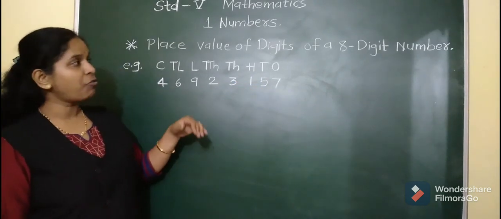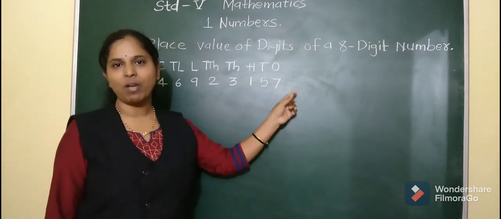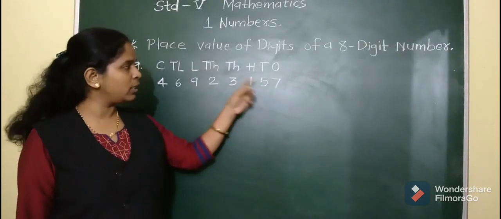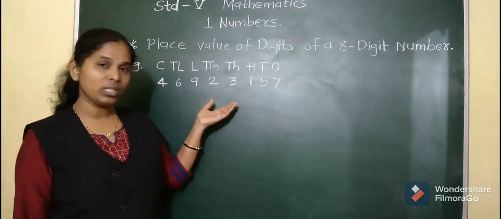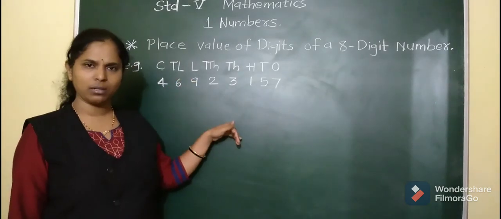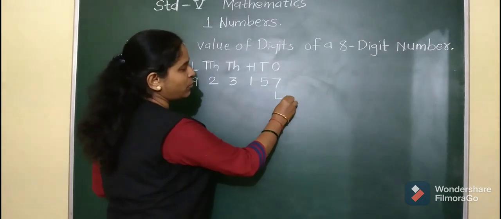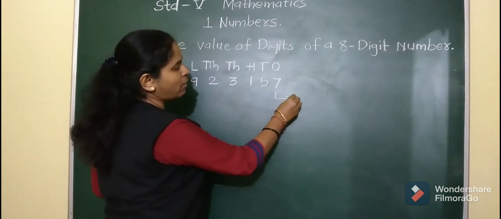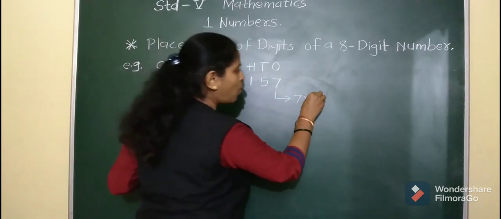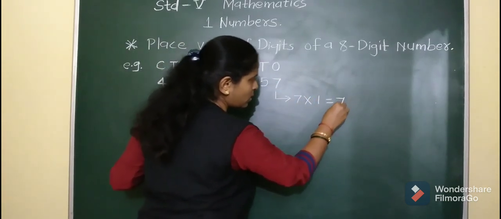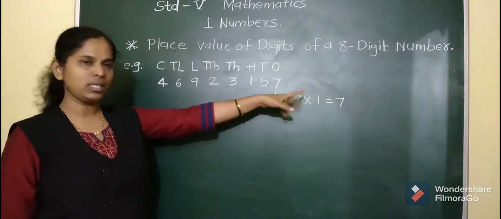Now we will find the place value of each digit given in the number. The same method we used for the 7-digit number, we will use here. 7 is at ones place, so we multiply 7 by 1. The place value of 7 is 7 ones are 7.